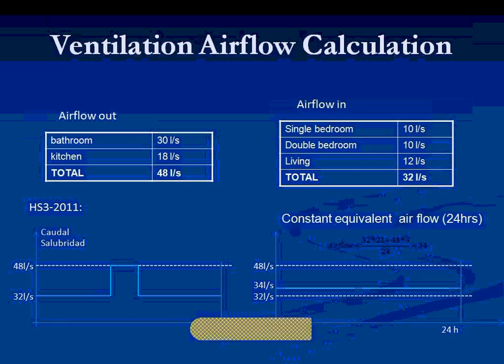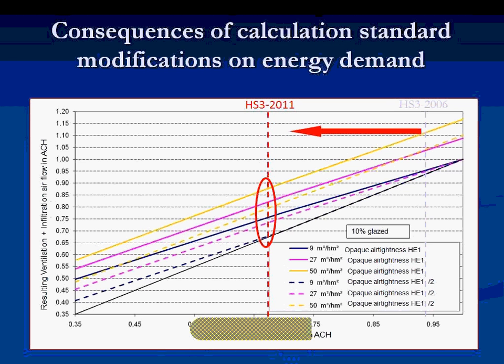Until now we had this requirement at all times for air changes per hour. Now we are going to change the way we are calculating this to permit this kind of schedule pattern. So the practical consequence of this is you don't change the building, but the air changes per hour requirement is going down, which could be kind of strange, because the same building that was worse with the previous scheme is going to be a bit better now.